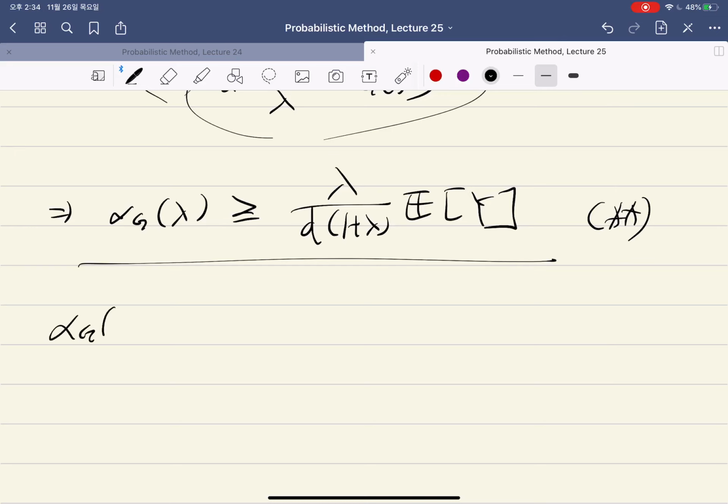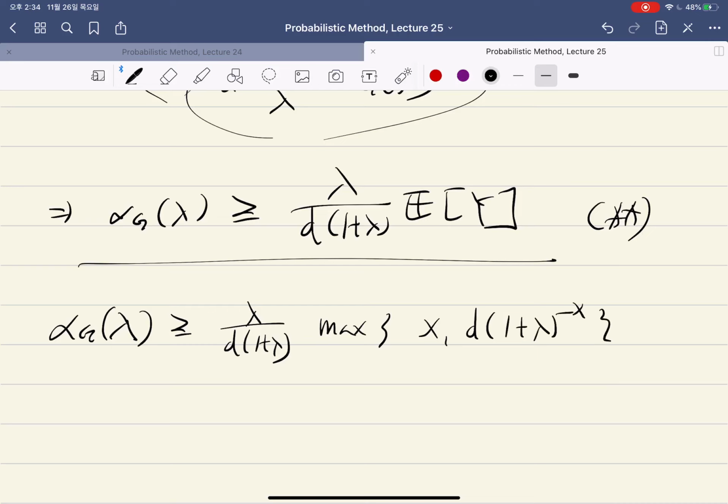Now we use this to bound. So what do we get? Alpha of G is at least lambda over (1 plus lambda) times the maximum of x and (1 plus lambda) to the minus x. Give me a moment.